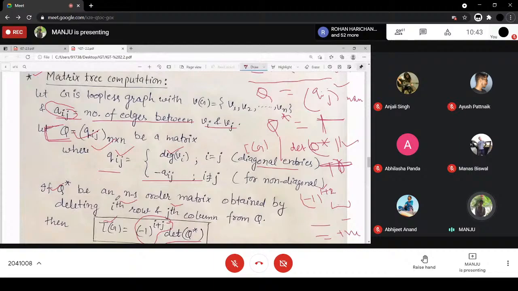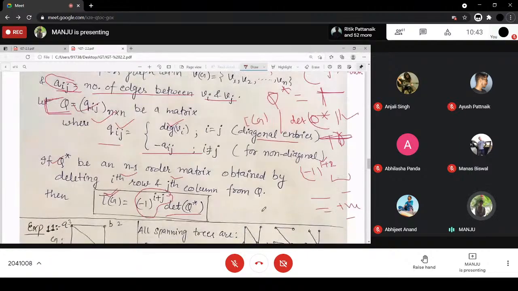Q star is obtained by deleting the ith row and jth column. Any row and any column you can delete. Then the number of spanning trees for that graph will be minus 1 raised to power i plus j, determinant of Q star. Clear?